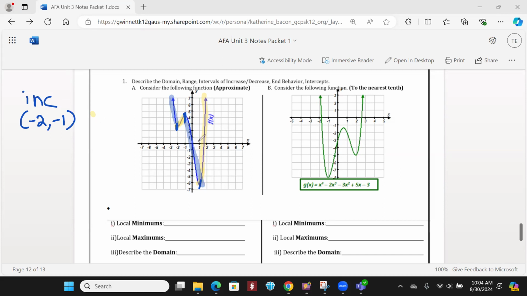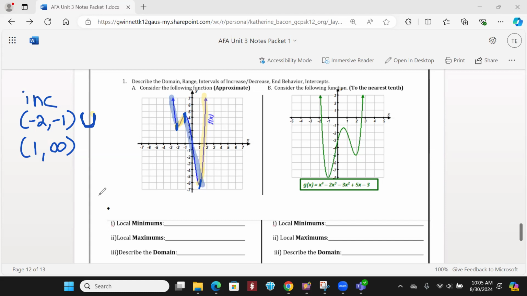We go from 1 to +infinity. If we have two different intervals, we're going to put a U in between them. That means the union of those two things. It's basically our fancy way in math to say and.